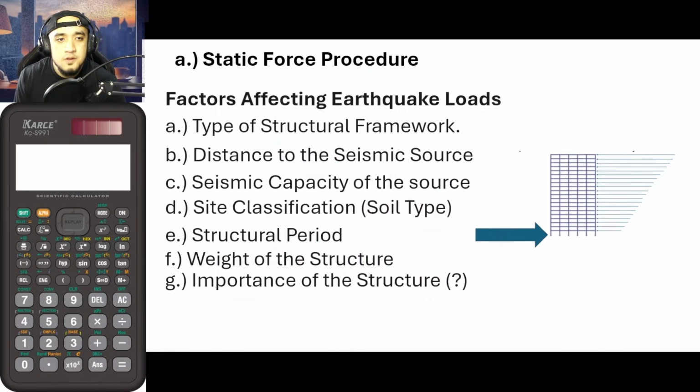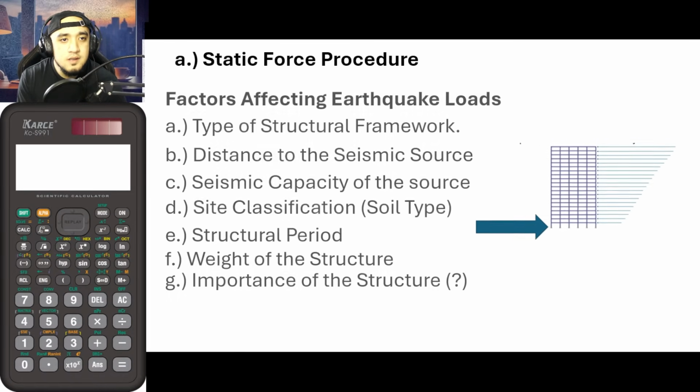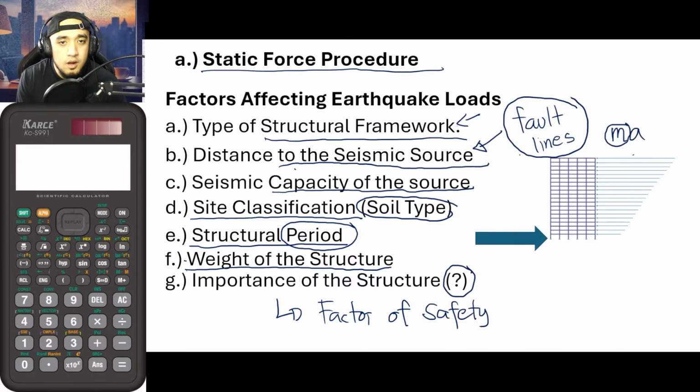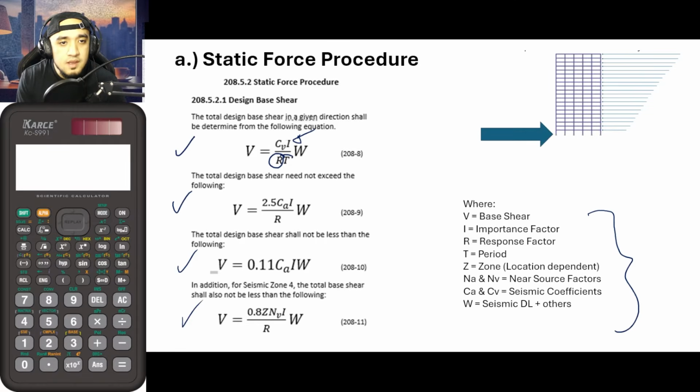Okay, so exhibit A for the value for R. The value of R is the type of structural framework. The value of T is again the structural period. The value of I is the importance factor, and so on and so forth.